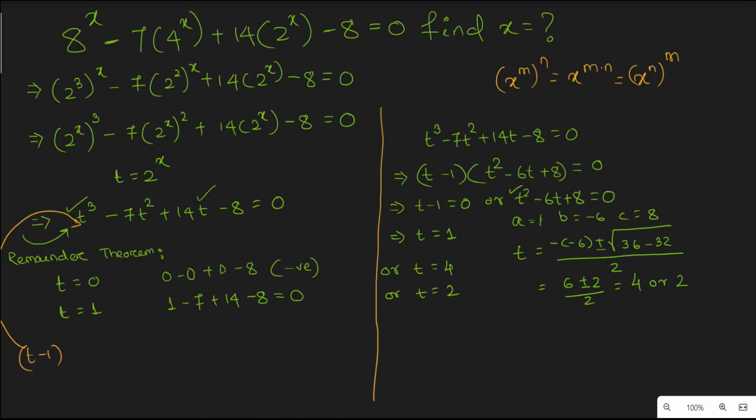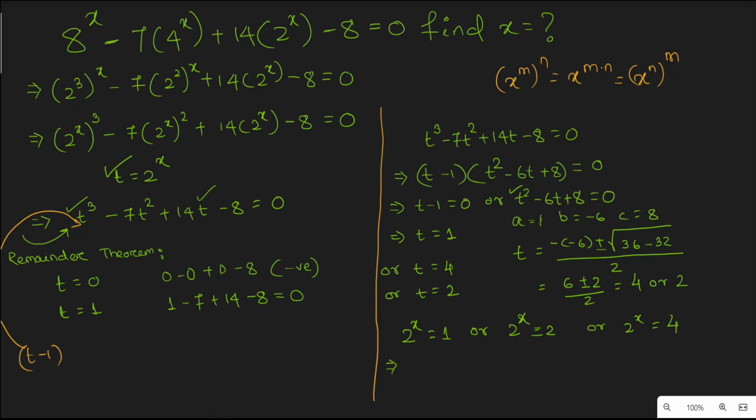We have already assumed that t is equal to 2 to the power x, then I can simply write 2 to the power x is equal to 1, or 2 to the power x is equal to 2, or 2 to the power x is equal to 4.